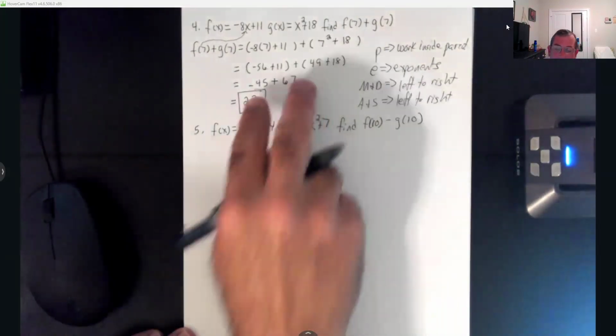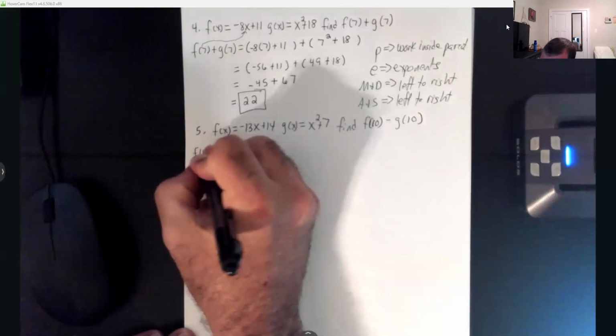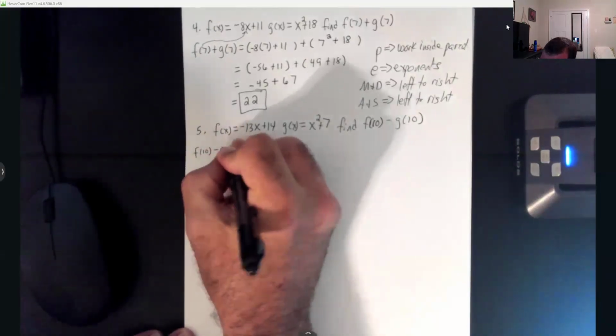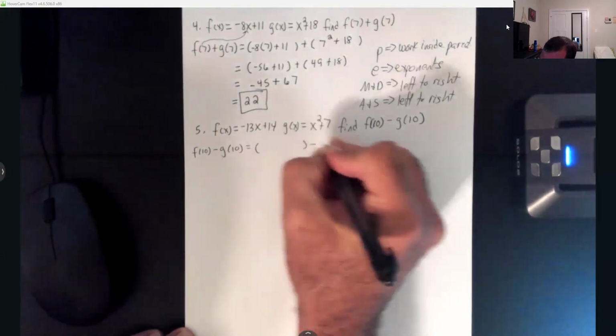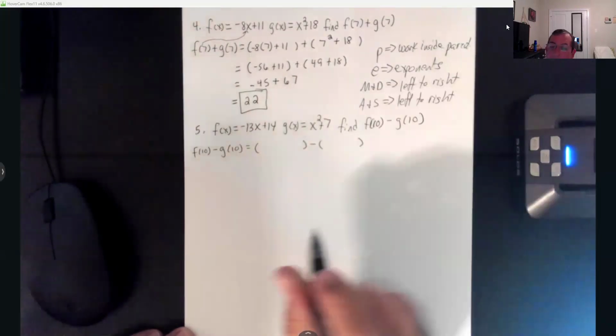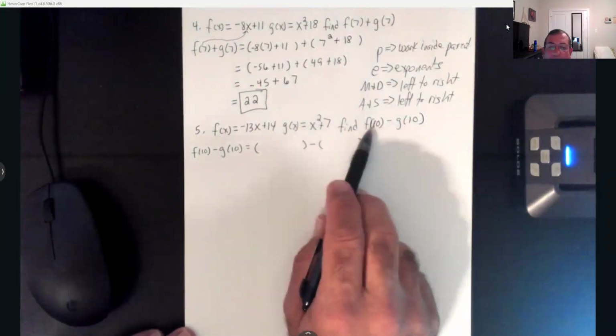All right, so basically the same thing as number 4. They're still playing with the numbers. So my f of 10 minus g of 10 will equal my f minus my g. And they're giving me the numbers to put in. So it looks like both of them, they're wanting 10s put in.